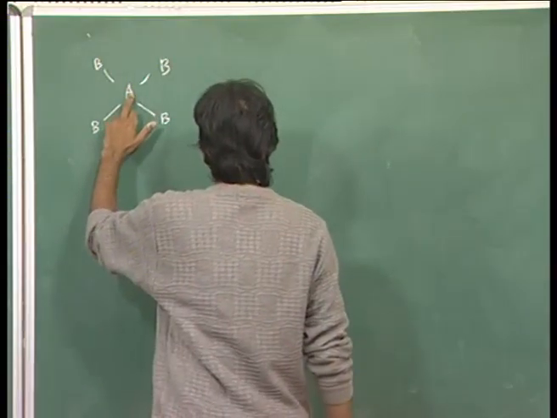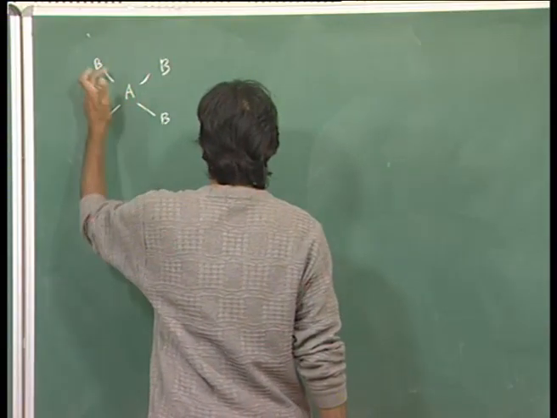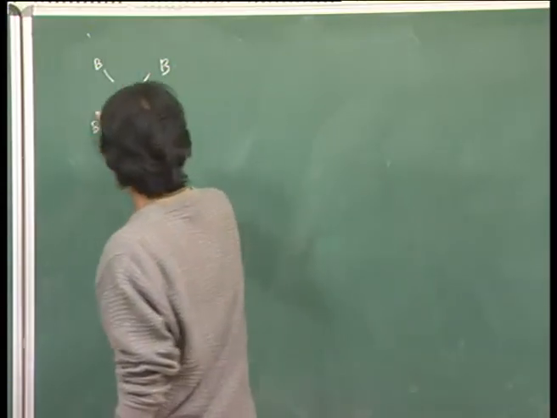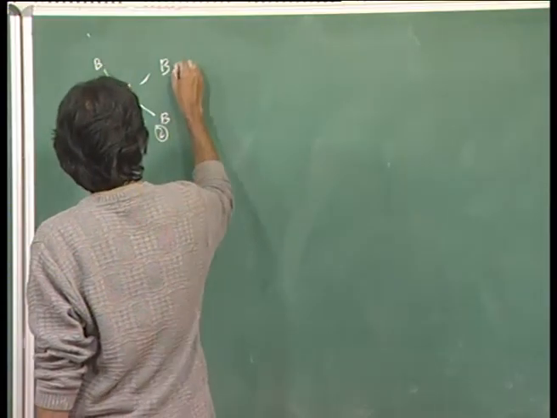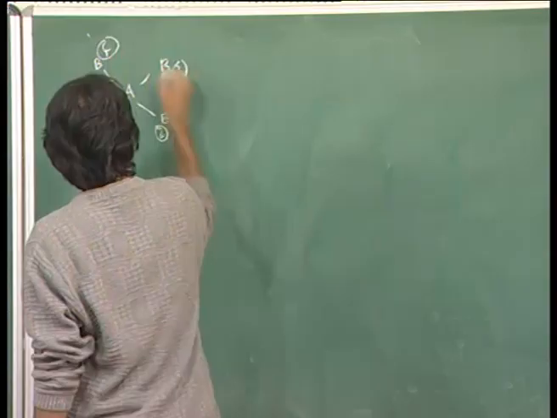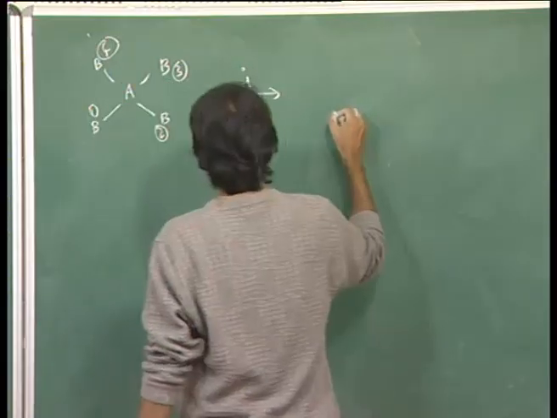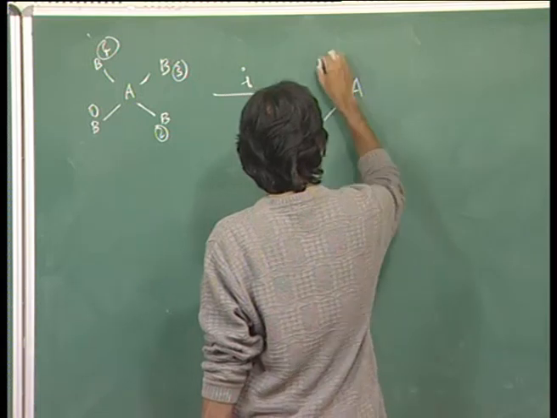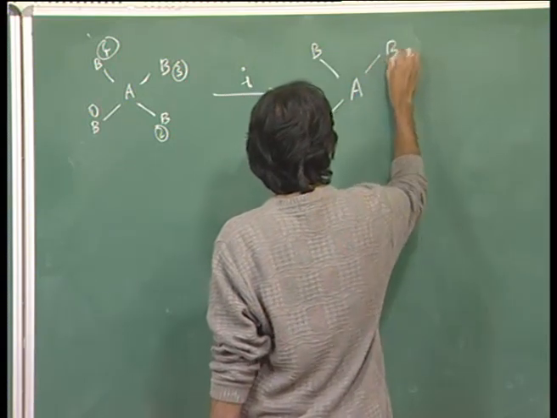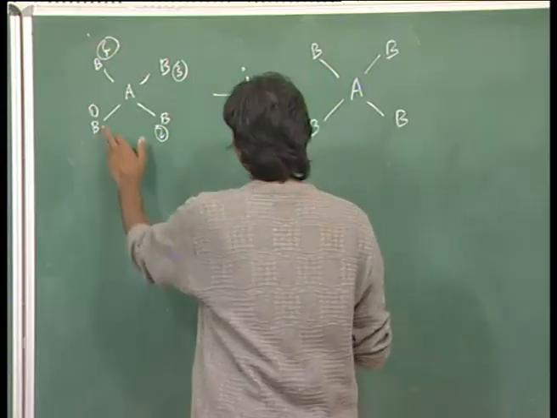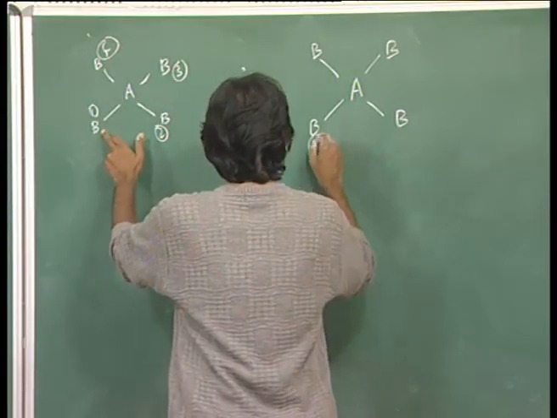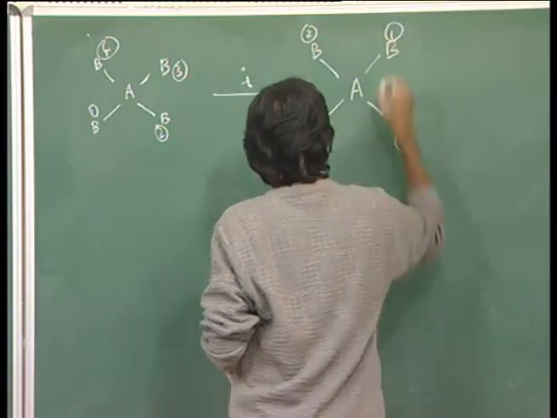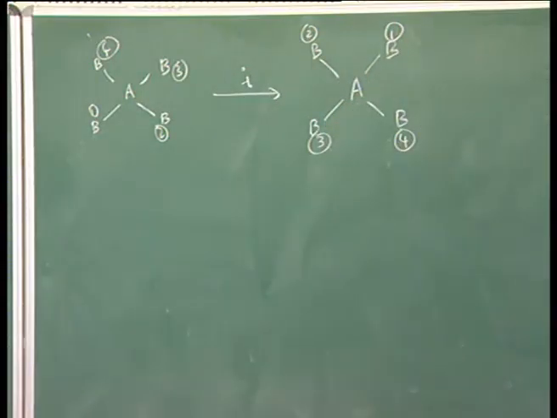When I invert the molecule about this point, the B's exchange places. If I call them 1, 2, 3, 4, after an inversion I get A with B's, but then I will have 3 here, 4, I will have 2, I will have 1. And this is an equivalent configuration.